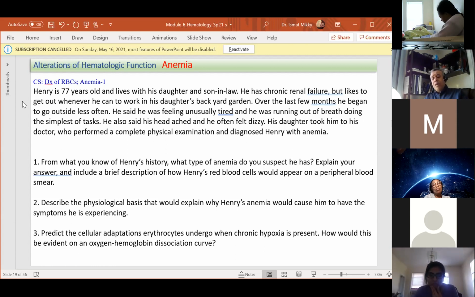So chronic renal failure causes this reduction in red blood cell production, because of the EPO, the hormone that stimulates the bone marrow to produce the RBCs. So the kidney failed, unable to produce EPO, which is responsible for stimulating the bone marrow to produce RBCs. That's the connection, that's the association.